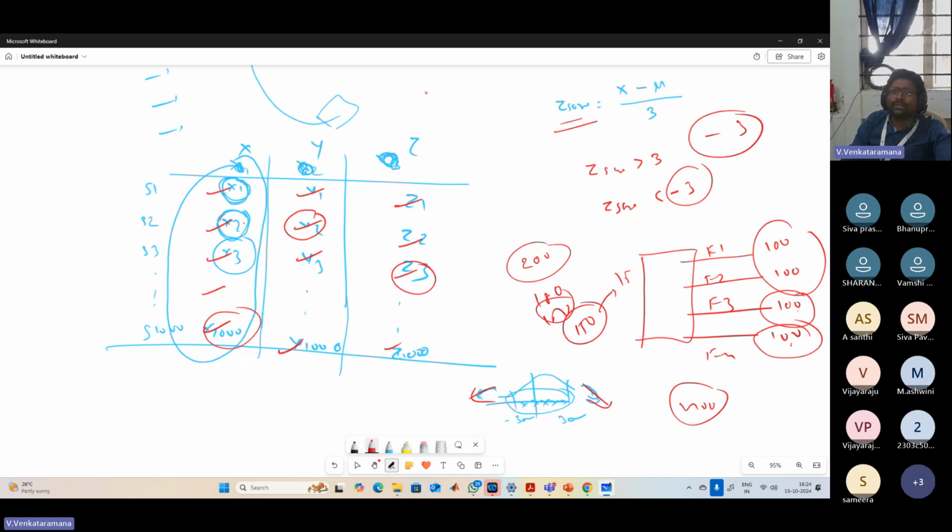There is another method to identify outliers, called the box plot. If you draw the box plot for every feature, you can visualize a few samples falling above the maximum value or below the minimum value. These may be outliers.